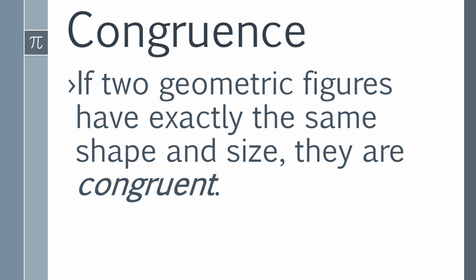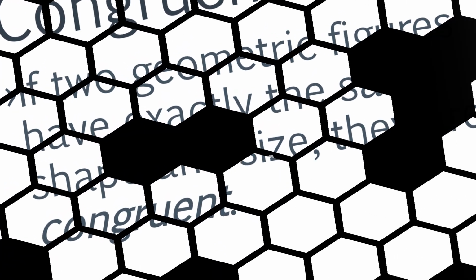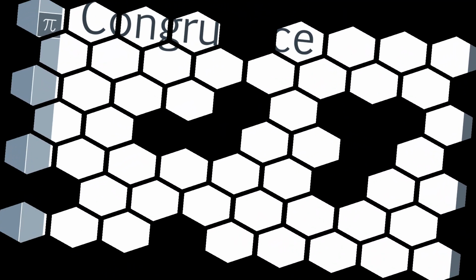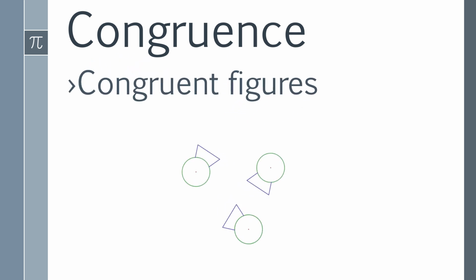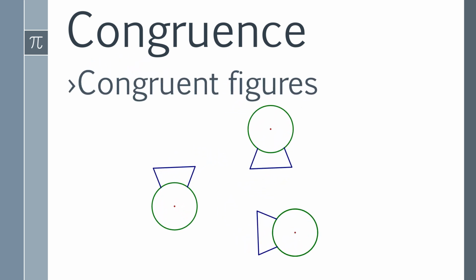Okay, if two geometric figures have exactly the same shape and size, they are congruent. So, congruent figures, if you look here, we could take any one of these figures and spin it and put it on another figure, and it would be the same exact size and same exact shape.